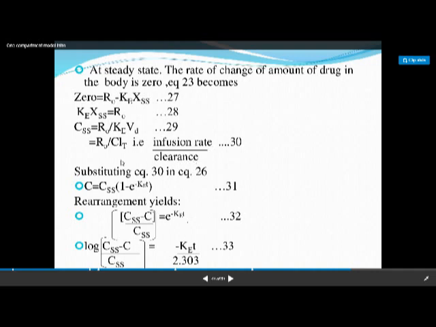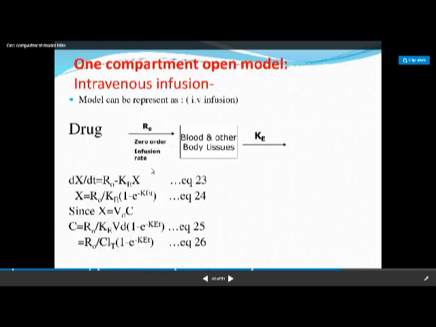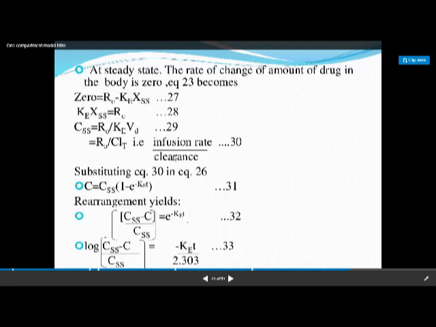So substituting this value of CSS in equation 26, we get the equation C is equal to CSS multiplied by 1 minus e raised to minus KET.